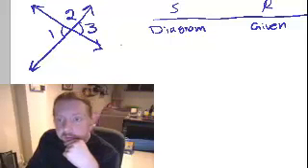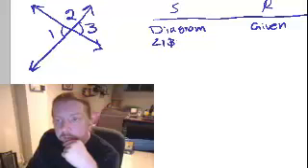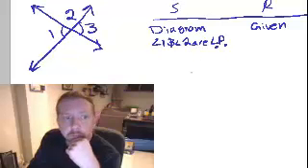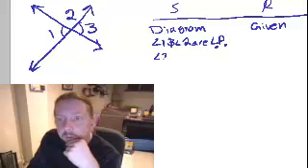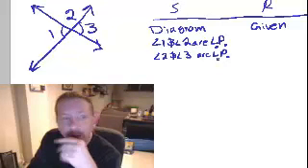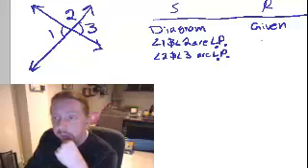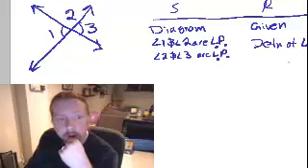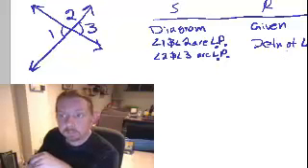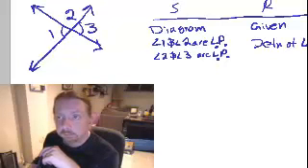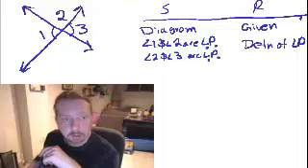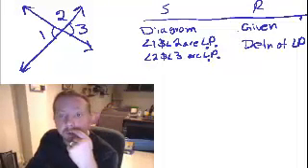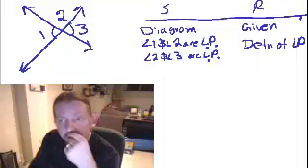Now, from the picture, angle 1 and angle 2 are a linear pair. Angle 2 and angle 3 are a linear pair. That's what the picture looks like. So that would be definition of linear pair. Now, what do I know about linear pairs? Think about what I know.